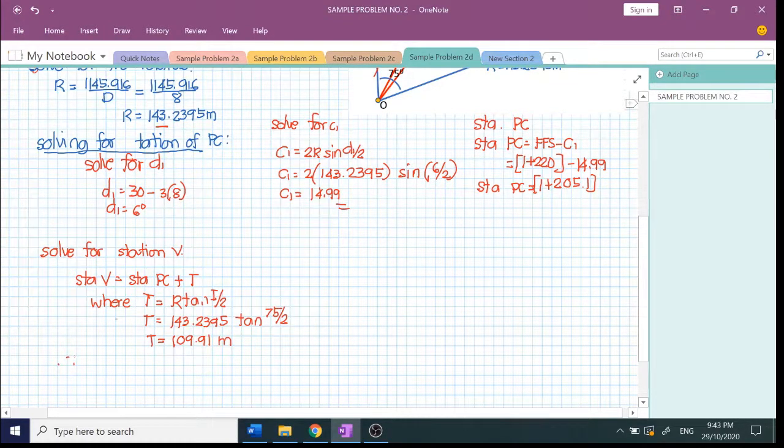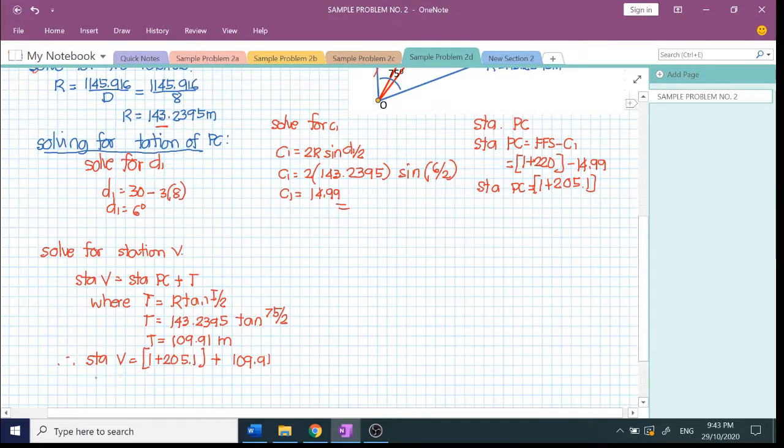So the stationing of the vertex will be the stationing of the PC, which is this one, 1 plus 205.1. We add to this the tangent distance of 109.91.